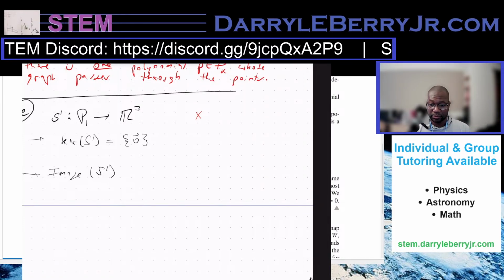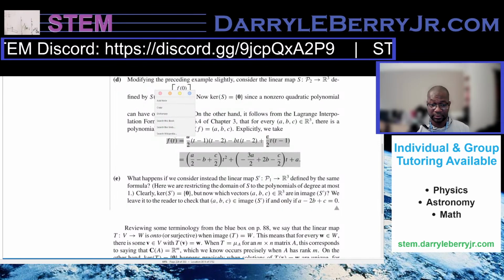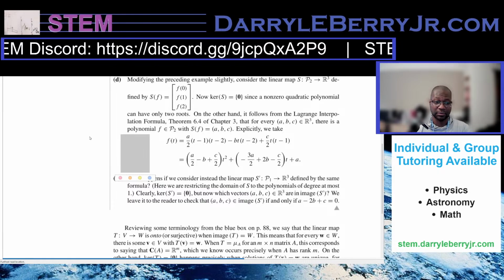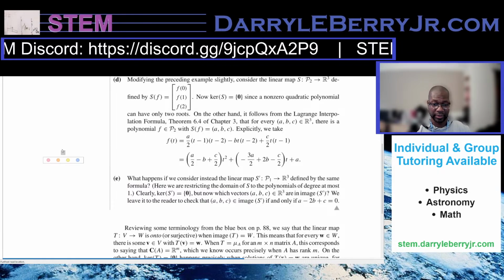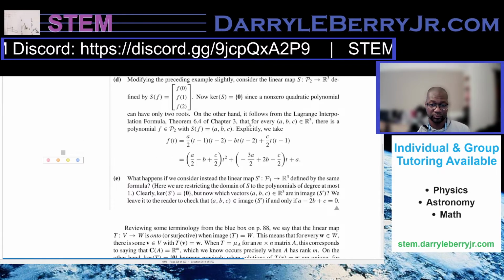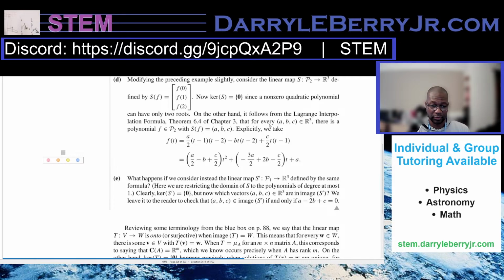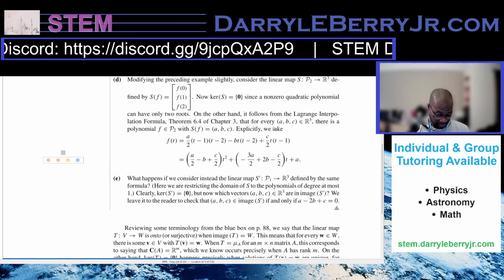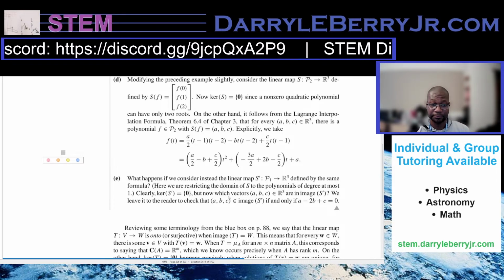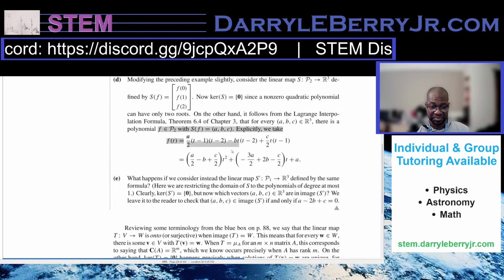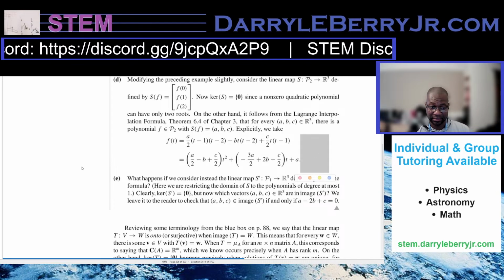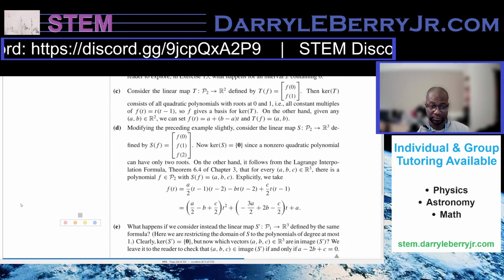I understand the reasoning behind this, that there's a polynomial that goes through each of those points, just like we saw with the Lagrange interpolation. But I don't see specifically how they got this exact polynomial.